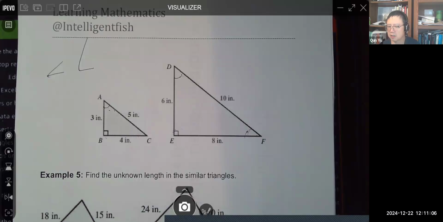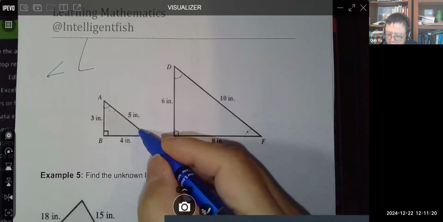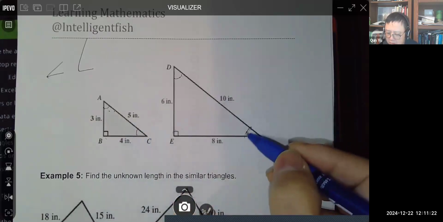Once you have similar figures, not just triangles, any figure, the corresponding sides will form proportions. Corresponding sides means the sides corresponding to equal angles.